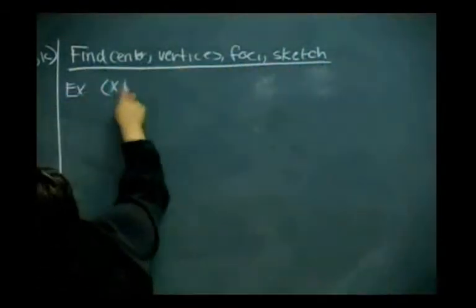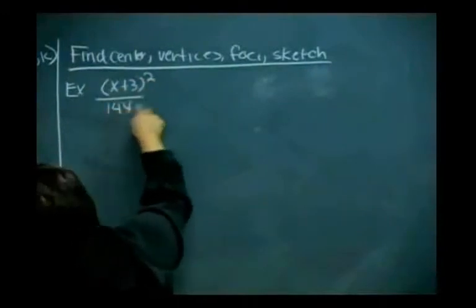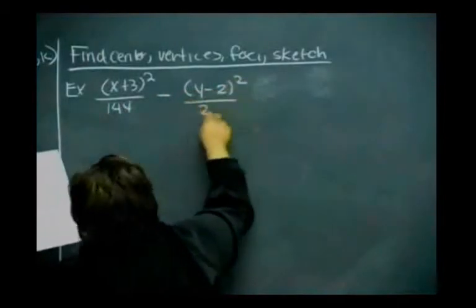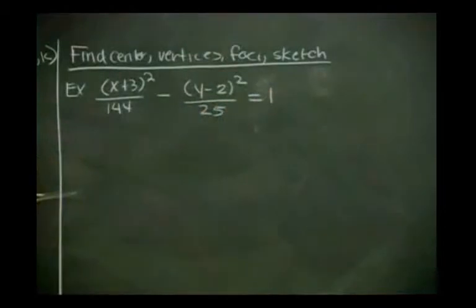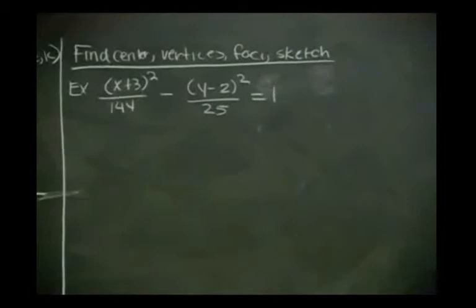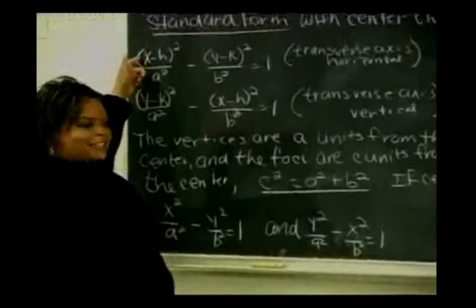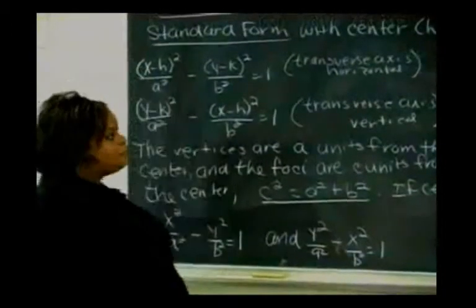Suppose we have (x plus 3) squared over 144 minus (y minus 2) squared over 25 equals 1. So which situation am I in? Is my transverse axis horizontal or vertical? And how can I tell? It's horizontal because my x term is first, so it's positive. So the transverse axis is horizontal.